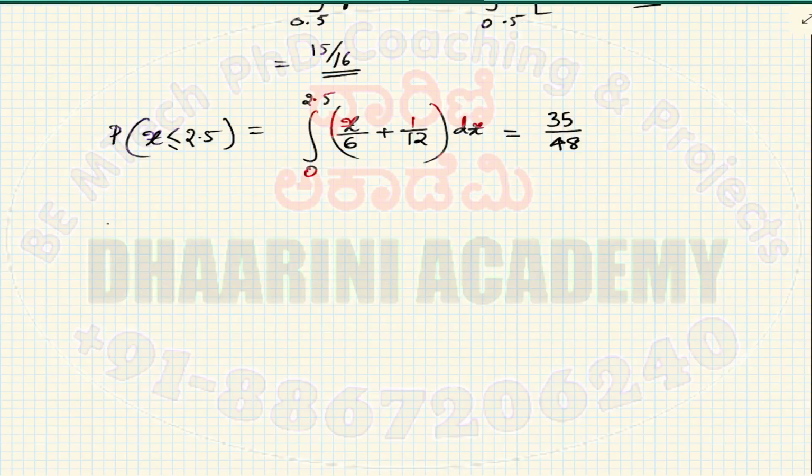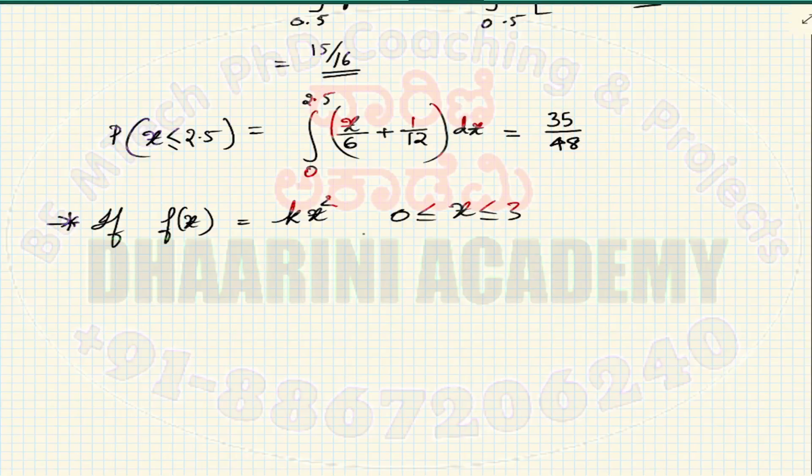Okay, now let's solve one more of this type. So let's say f of x is equal to k times x squared for 0 less than or equal to x less than or equal to 3 is a PDF, then find the following.